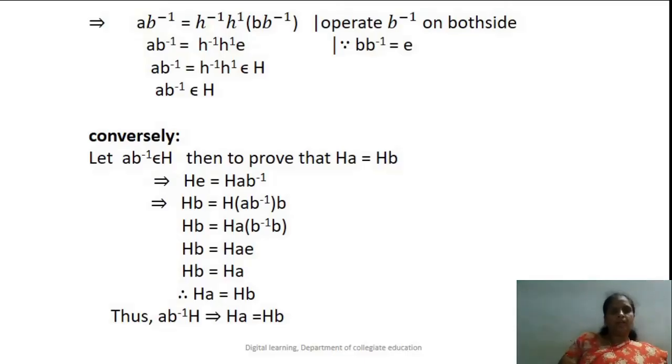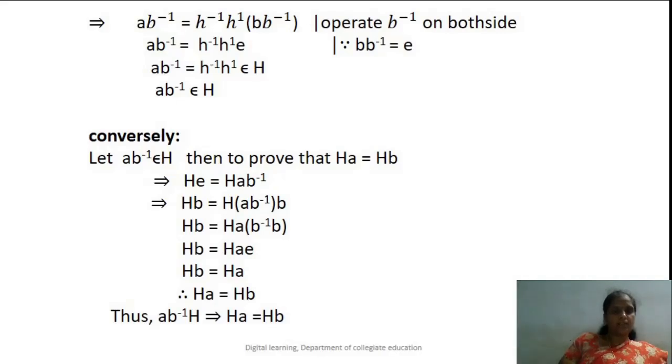Operating B on both the sides of this, HB is equal to H into AB inverse into B. HE into B becomes HB only, because E is an identity element here.